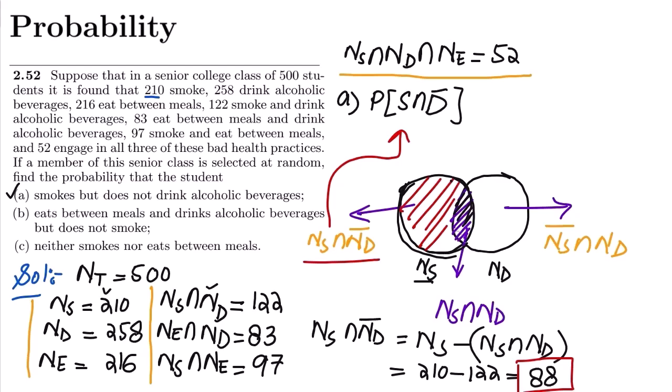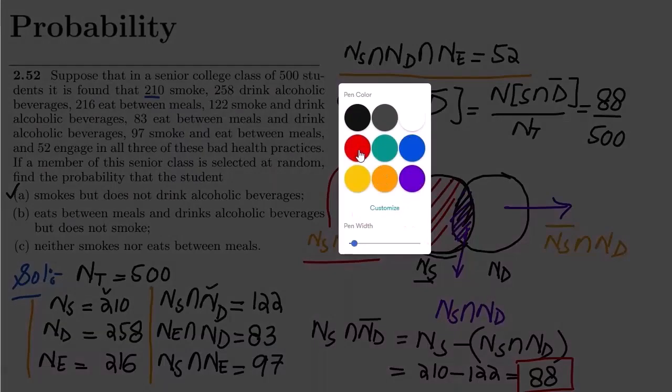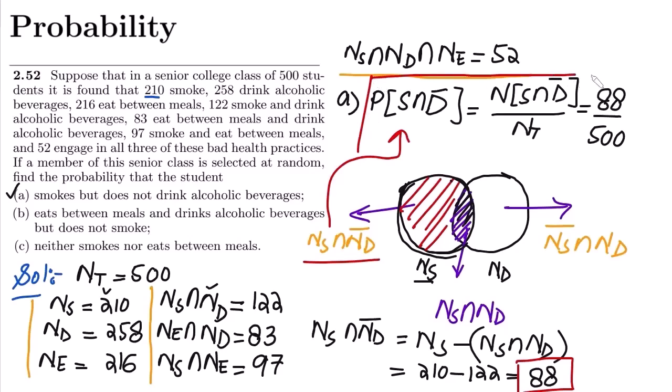In order to find the probability of it, I have to find the number of people who smoke but don't drink divided by the total number of people. So that is 88, which I have calculated now, and this is 500. So this is now the answer to my question. That is the solution of part A.